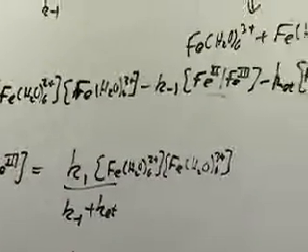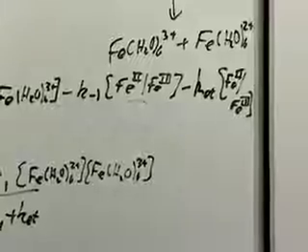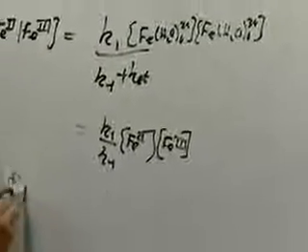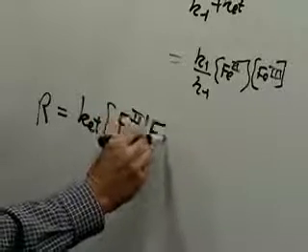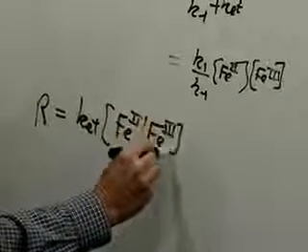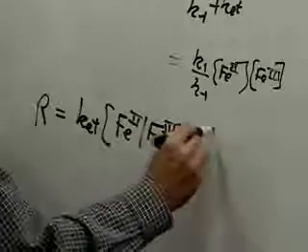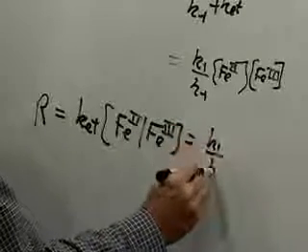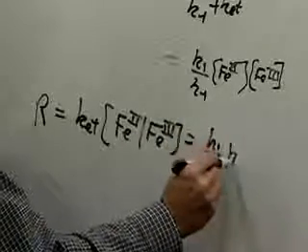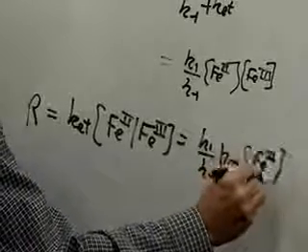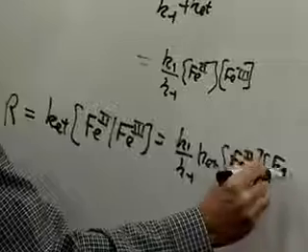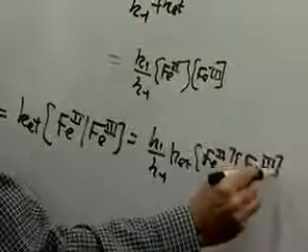So the rate of the overall reaction is going to be k_ET times [Fe2Fe3], which is k1 over k minus 1 times k_ET times [Fe2][Fe3].